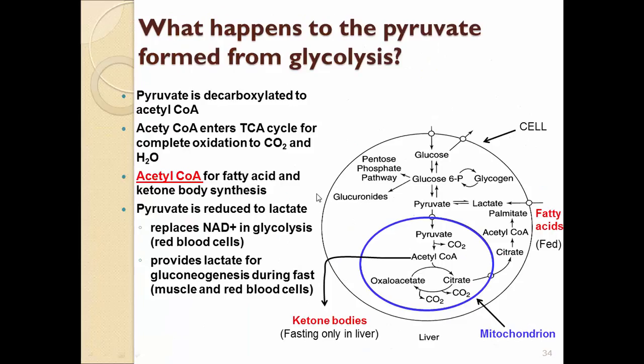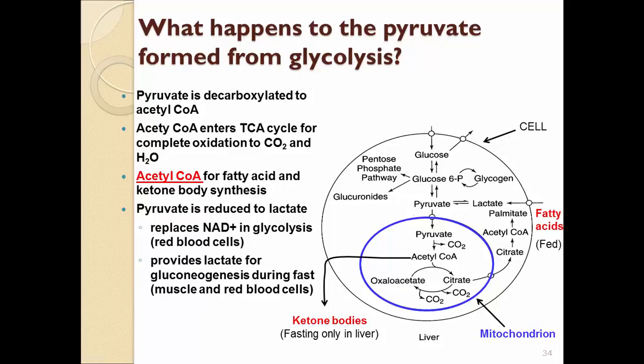An important molecule I want to mention here is acetyl-CoA, which is converted from pyruvate, right? Acetyl-CoA is a very important molecule that can be used for ketone body synthesis and fatty acid synthesis.